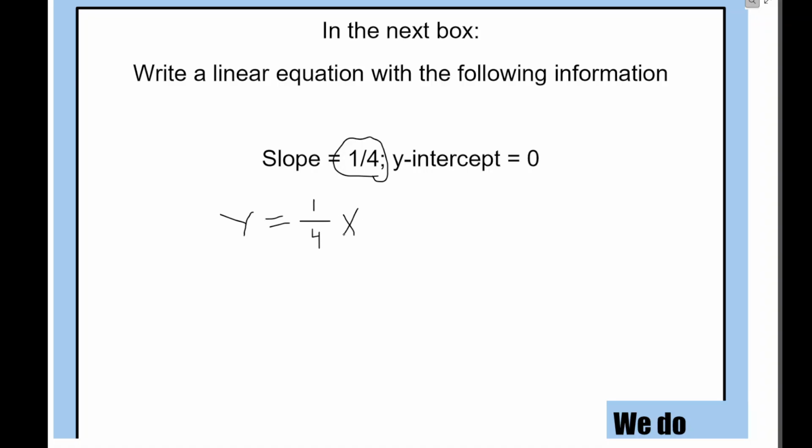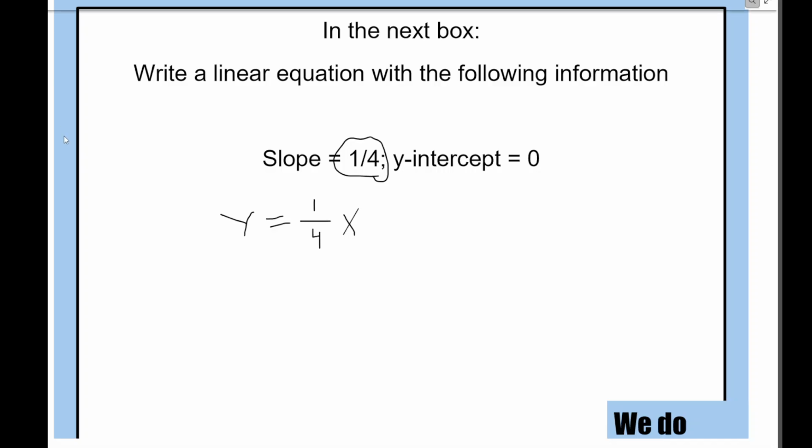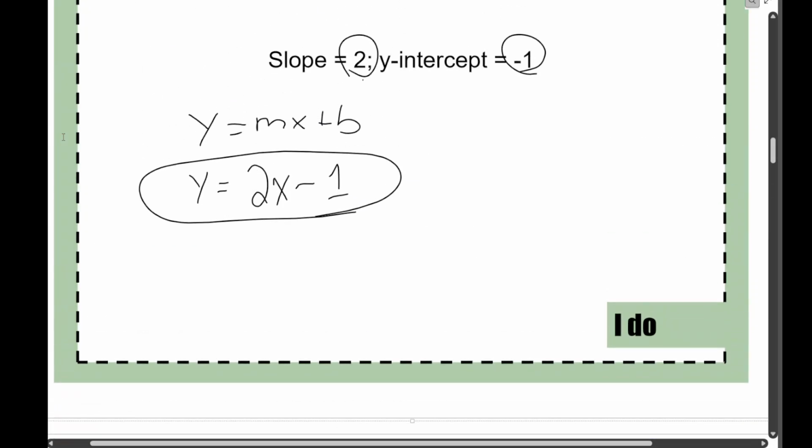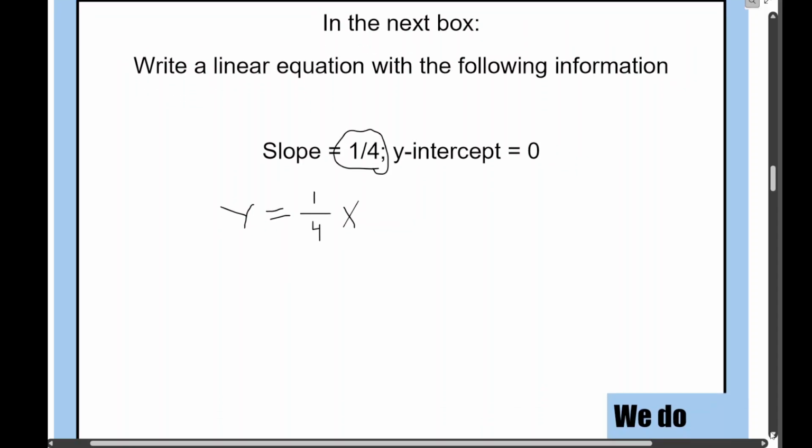And our y-intercept in this case is 0. Do I need to write plus 0? No, because plus 0 ultimately means nothing. So I'm just going to leave it as y equals 1/4 x. And that's going to be my answer.